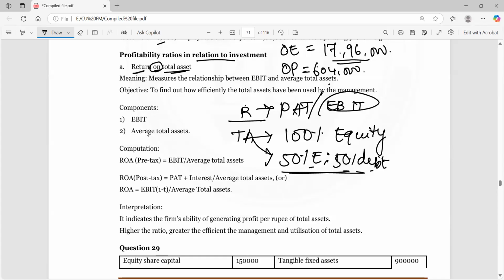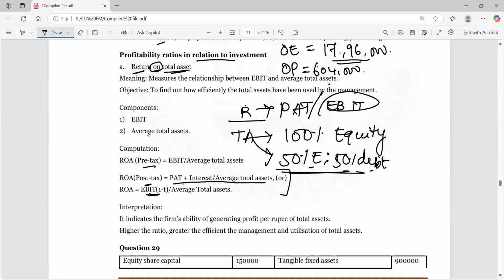Now this return on asset can be calculated either pre-tax or post-tax. For calculating post-tax, we have two formulas. This formula is always recommended because it is a better version. If you look at the other formula, we take EBIT and directly subtract tax from there. But before subtracting tax, what do we need to subtract?